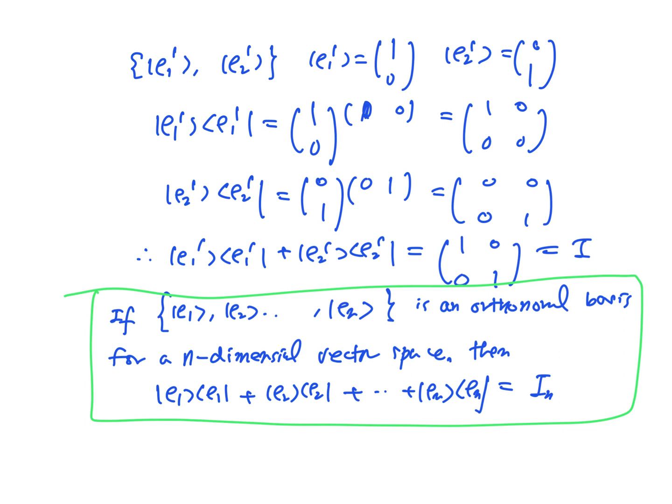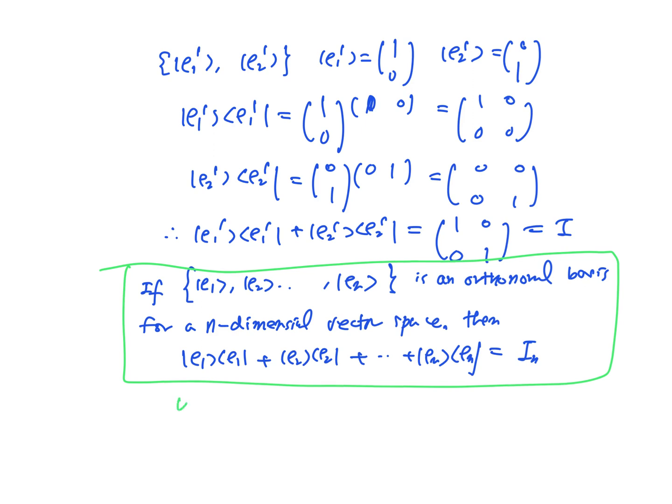This is called the completeness property of orthogonal basis. So the orthogonal basis satisfies a very interesting outer product property.